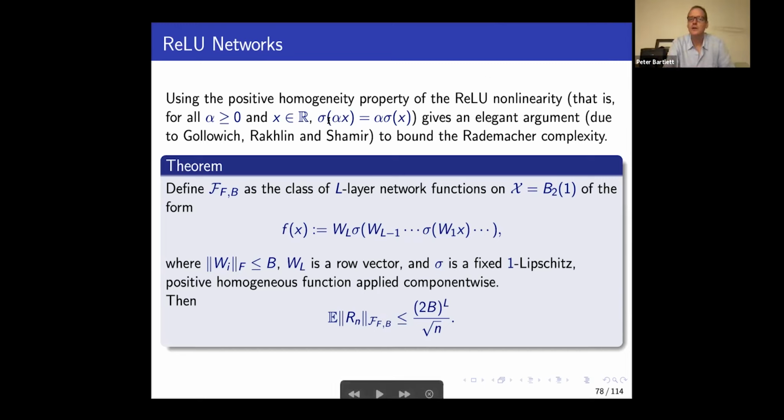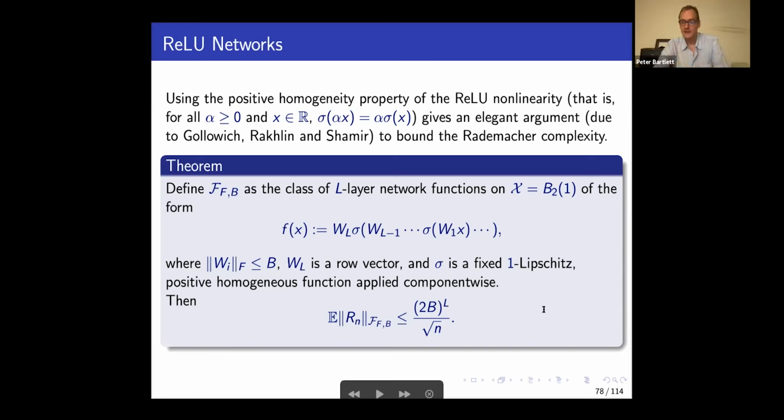Alpha times the input passed through the ReLU: it's either passing through the 0 function to the left of 0, which is still alpha times 0, or it's the x function to the right of 0, which is alpha times the identity function. So we have this nice property that we can shift the scaling from input to output. That's something you can rather easily exploit in computing Rademacher complexity.